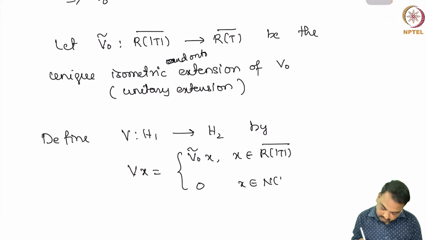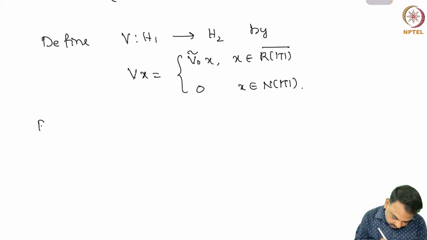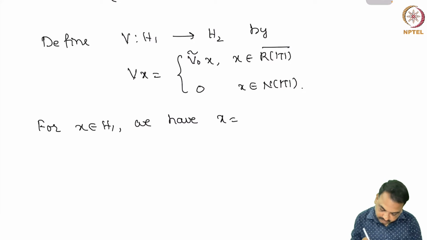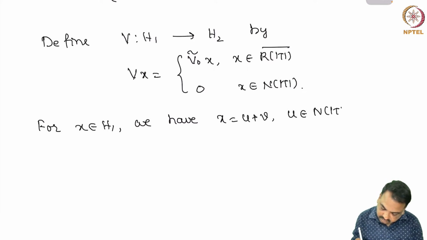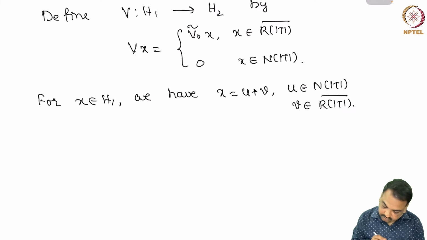In other words, how to write this one? Let us take x in H1. We can write x as u plus v, where u is coming from null space of mod T and v is coming from range of mod T closure, because they are orthogonal spaces, null space of mod T and range of mod T closure.